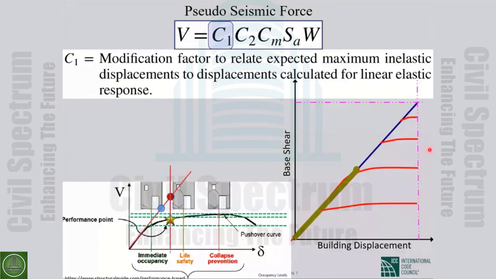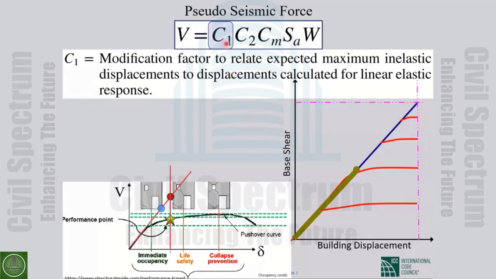Of course, it gets damage. Here in elastic, it doesn't get damage. Here you have plastic deformation, but the maximum displacement is almost the same. So C1 for many buildings is around 1.